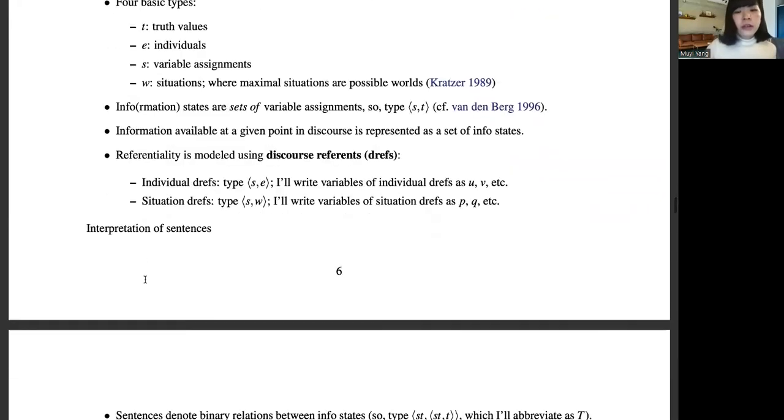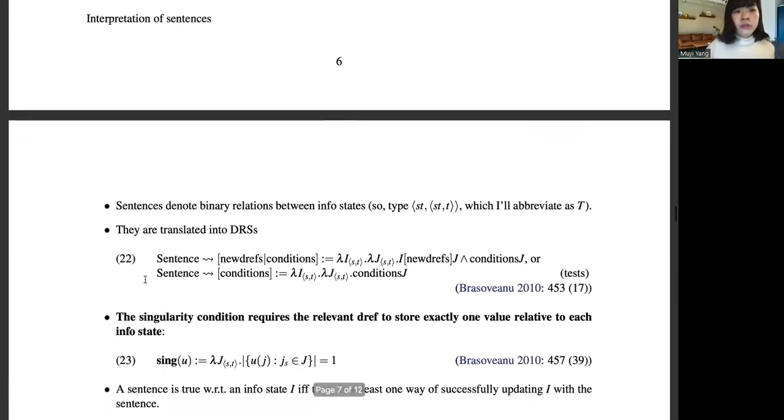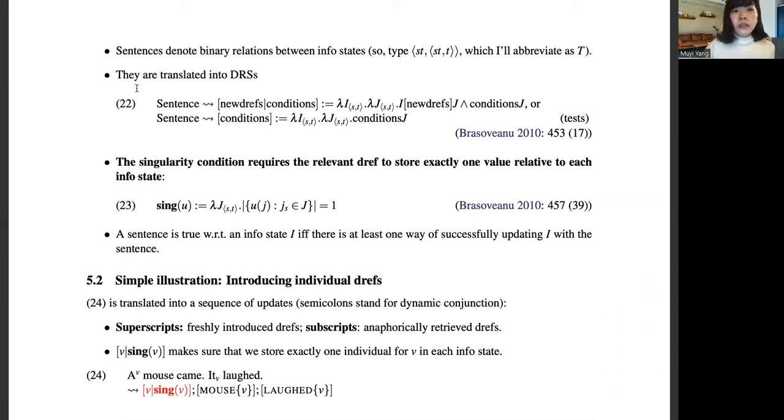Okay. And how are sentences interpreted in this framework? Sentences denote binary relations between information states. And formally, they are translated as DRS. So a sentence can be translated into this form, where basically it says that a sentence is a relation between an input information state I and an output information state J, where J has to end up having all of the newly introduced discourse referents.